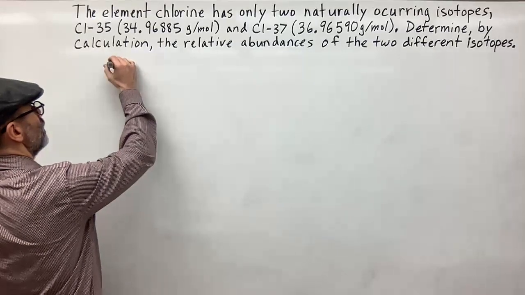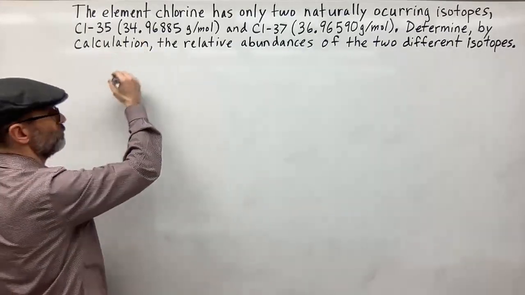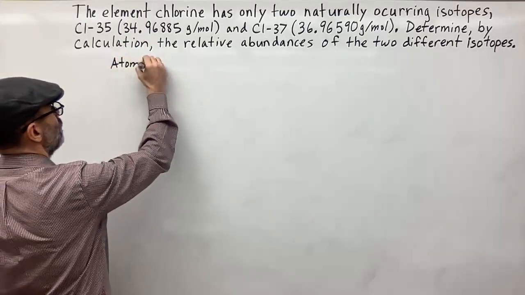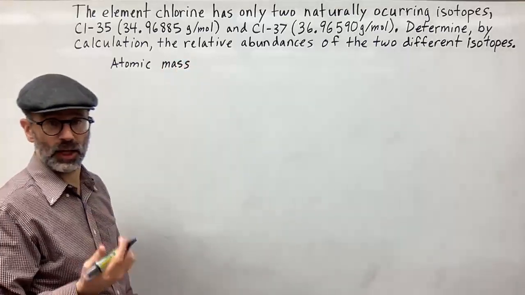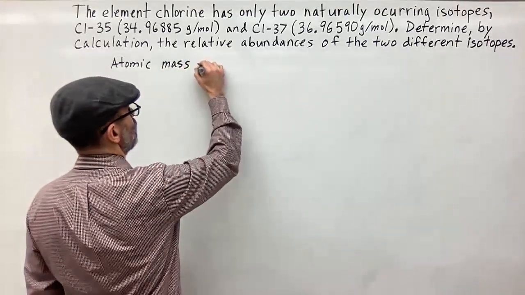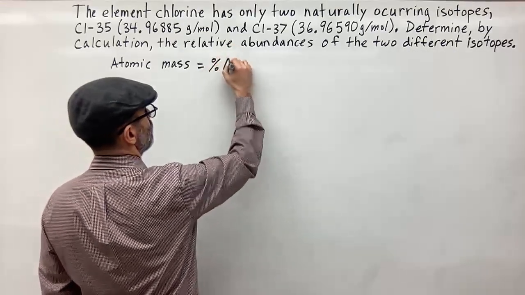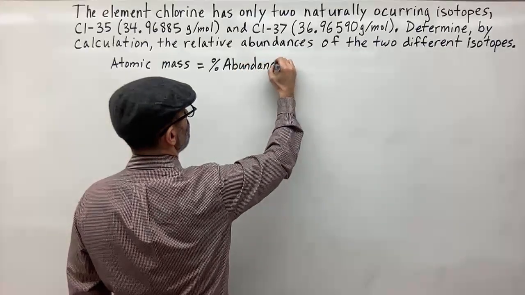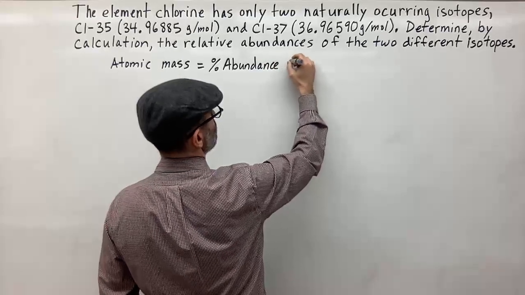So you have the weighted average, or the atomic mass, if you will. So you have the atomic mass of an element, and that's going to be equal to the percent abundance of, let's say, isotope number one.